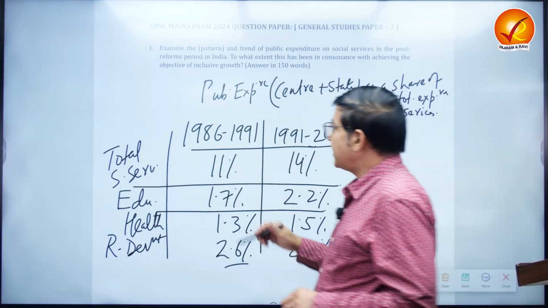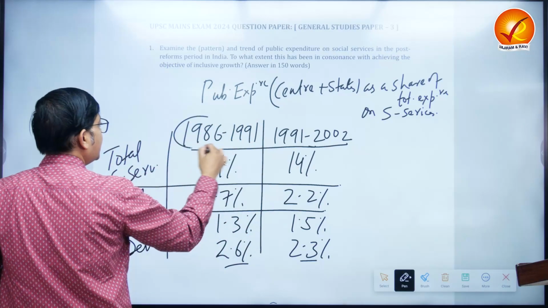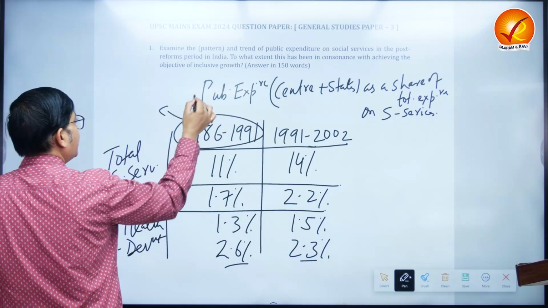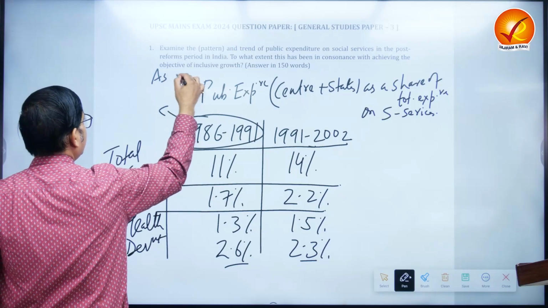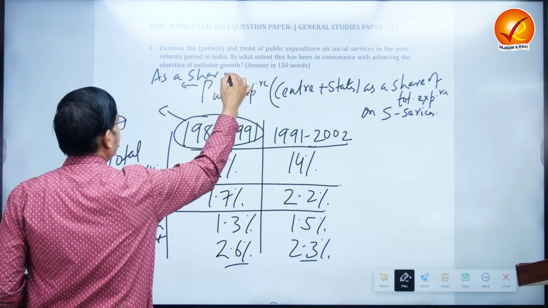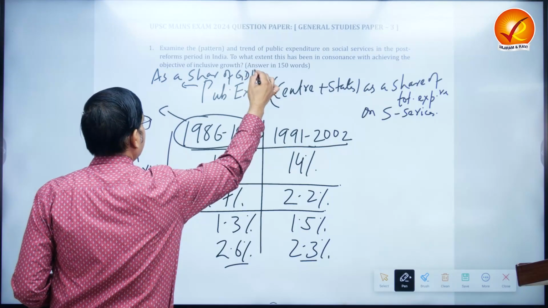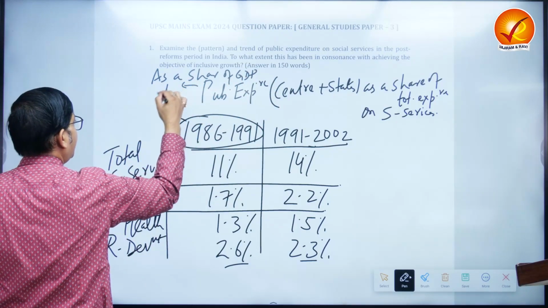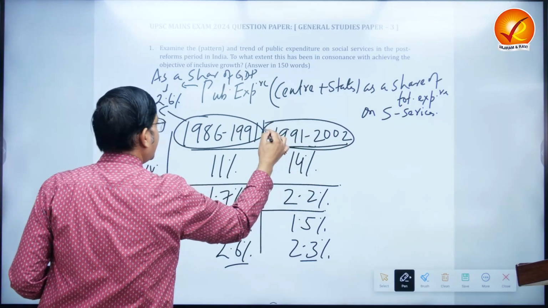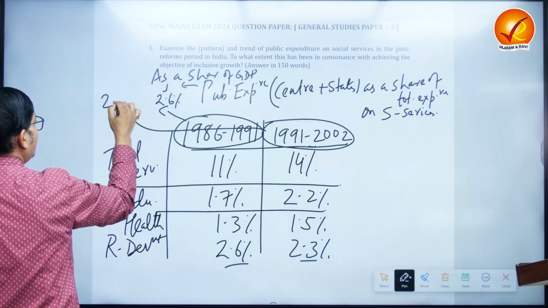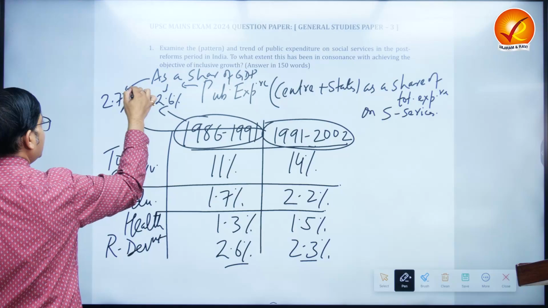You can say that in this time period, 96 to 1991, public expenditure on social services as a share of GDP was about 2.6%, which increased but only marginally to about 2.7%.